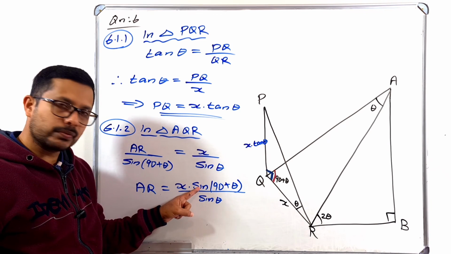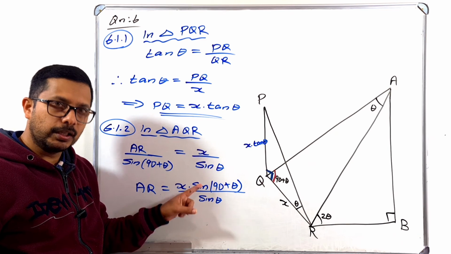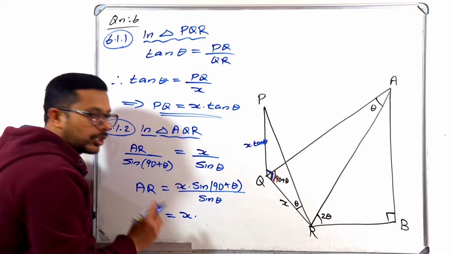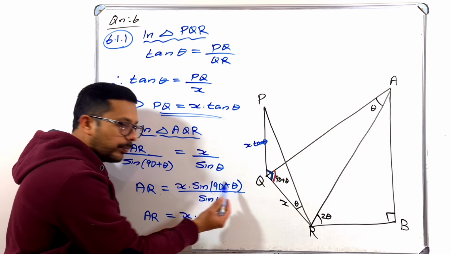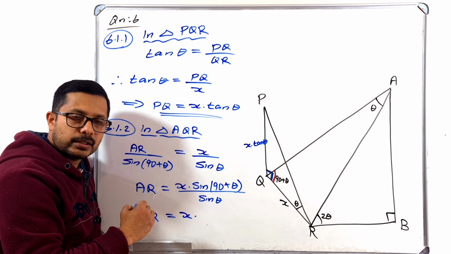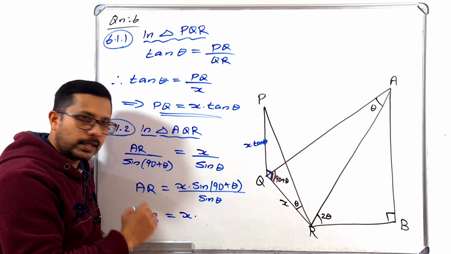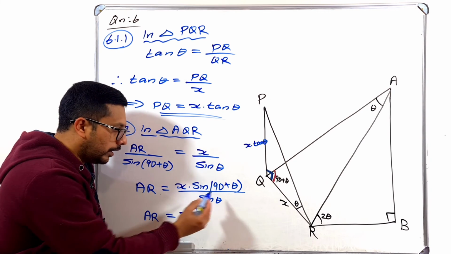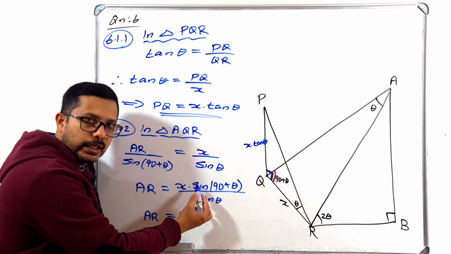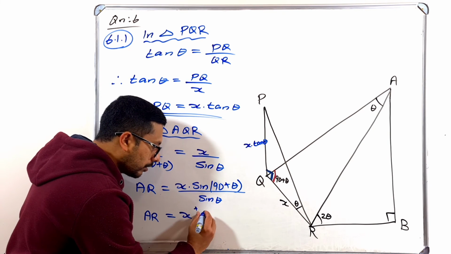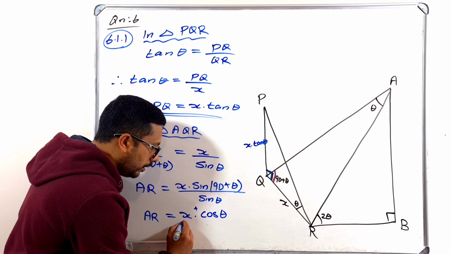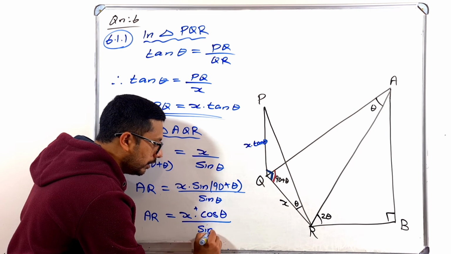What is the cofunction of sine? Cos. Okay. So once more, 90 plus theta is in the second quadrant, where sine is positive. Then if it is based on 90, change the cofunction. So it is X into cos theta divided by sine theta.